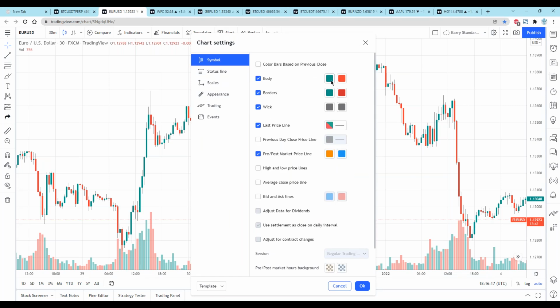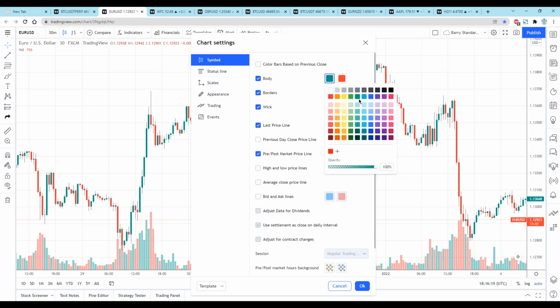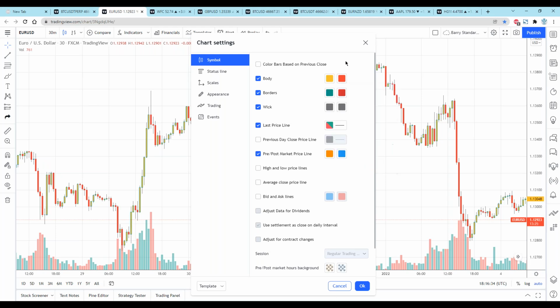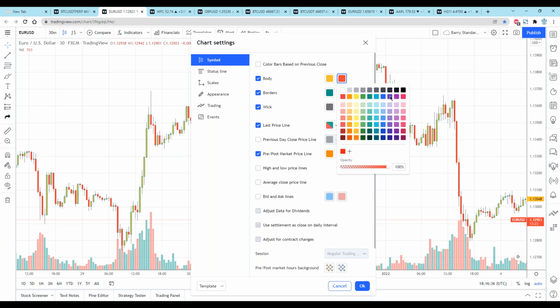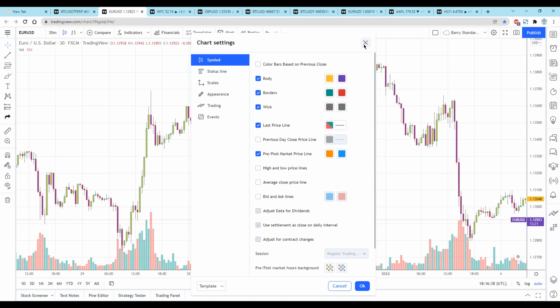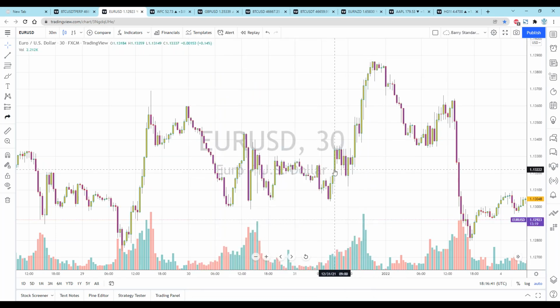You could make the body, if your favorite color was purple, for a bullish session, and for a bearish session you can decide to make it yellow. And so what do you have?